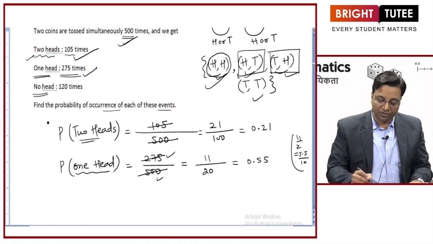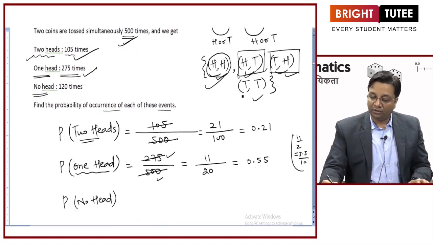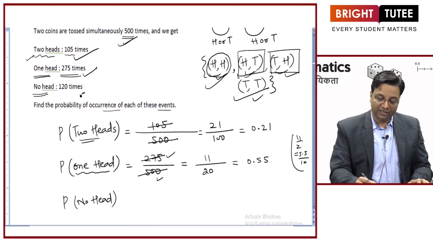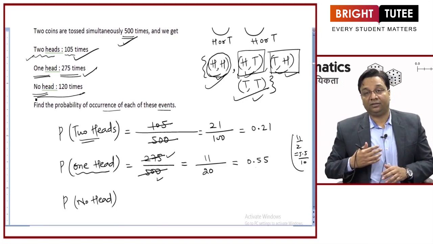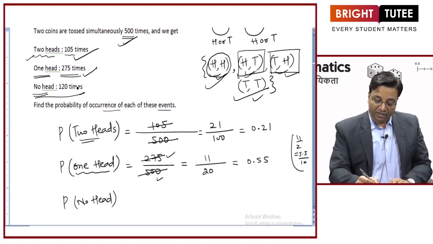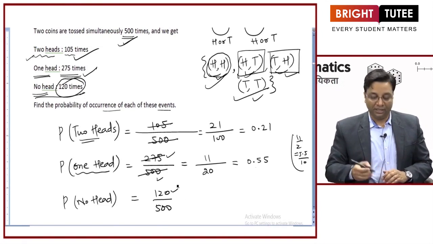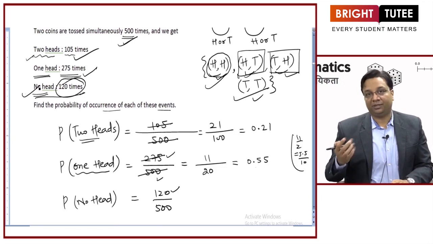Now probability of no head, which means that on both the coins we have tail on top, right? So such an event can occur. Now this question you can answer by writing 120 in the numerator and 500 in the denominator, because 120 is the number of times this event occurred and 500 is the number of times the experiment was performed.